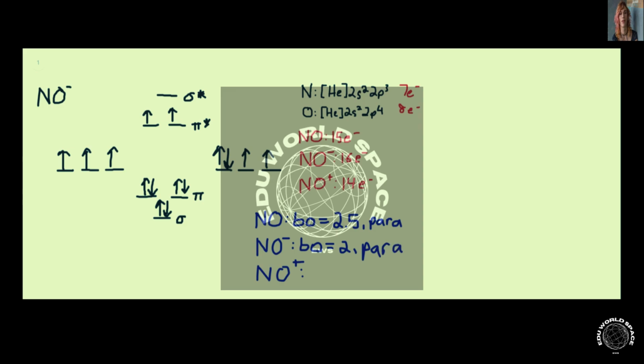Now, for NO+, we're going to be losing these 2 electrons. So since we have no anti-bonding pi orbitals, our BO is going to be 3, and it's going to be diamagnetic.